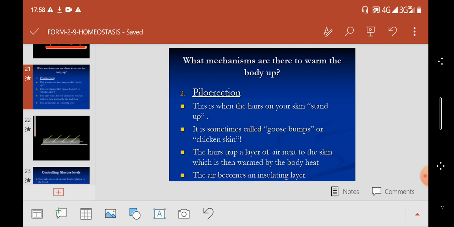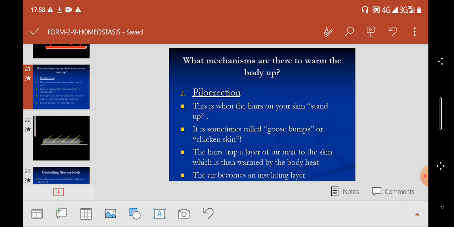The other mechanism is through the hair on the skin. So you have observed that during the cold season you'll normally develop goosebumps.